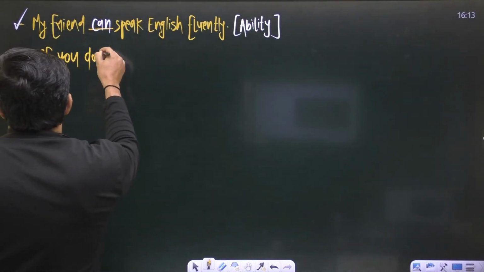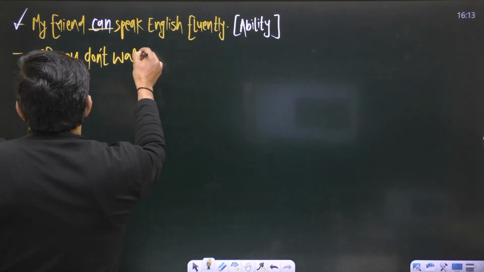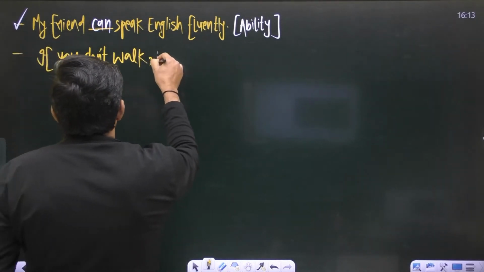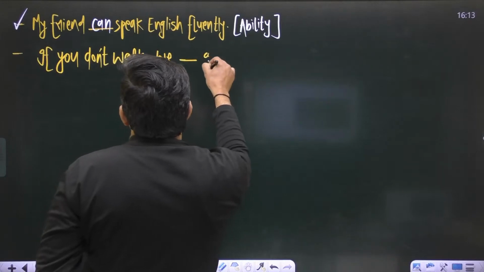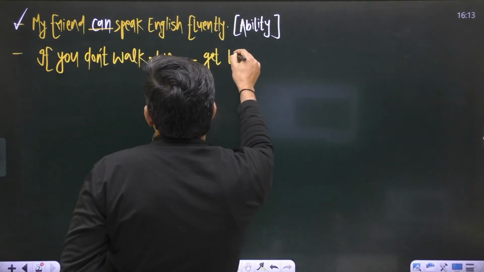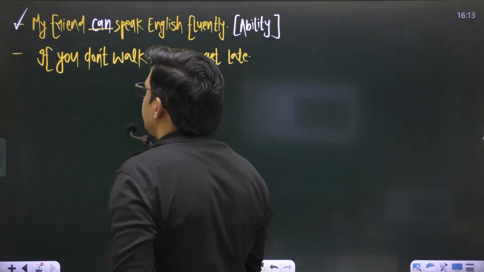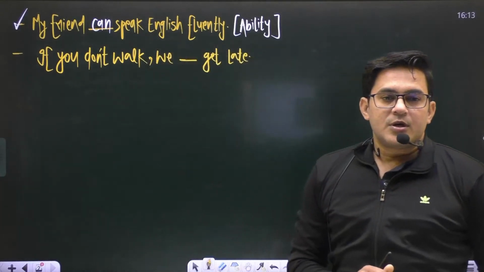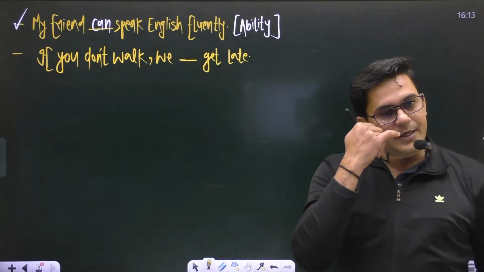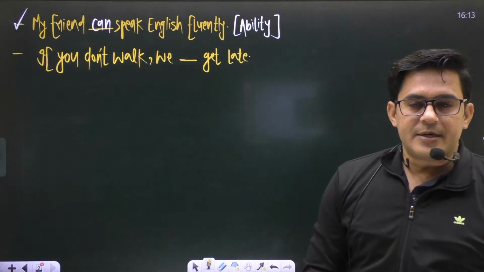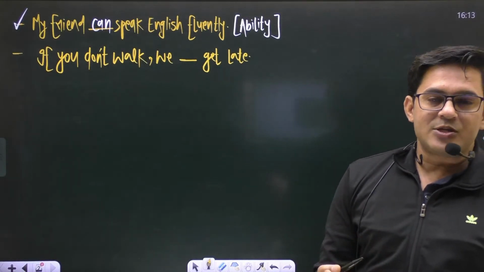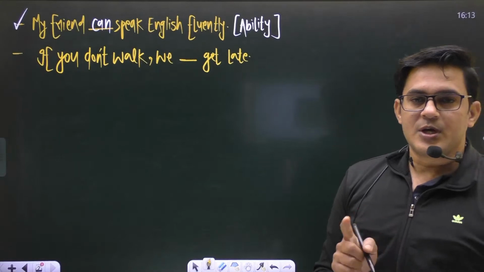If you don't walk, we blank get late. The sentence is, if you don't walk, we blank get late. Yes, it is ability to speak English fluently. That's why we have used can over there.